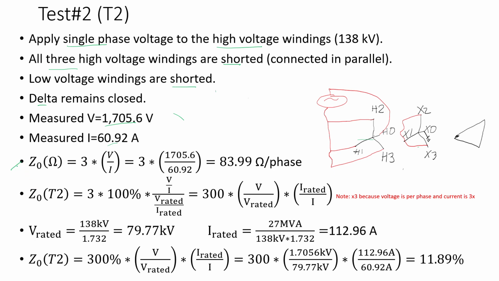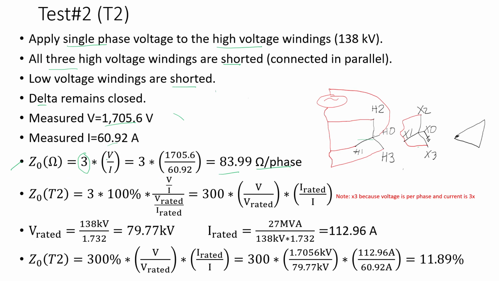Again, the same formula or equation for calculating the zero sequence impedance. Again, I'm multiplying by 3 because the measured current is 3 times, because all 3 windings are in parallel. So if I just plug the numbers, I get 83.99 ohms per phase.